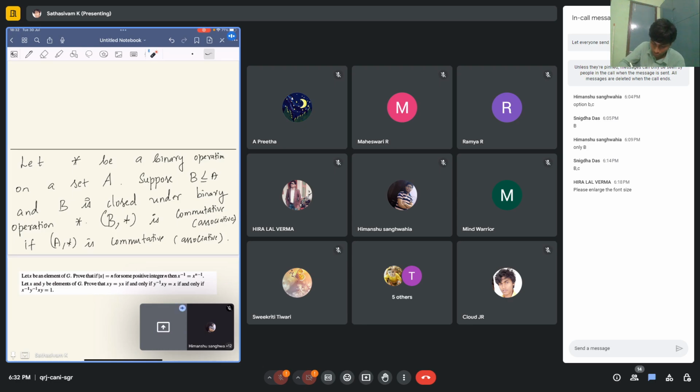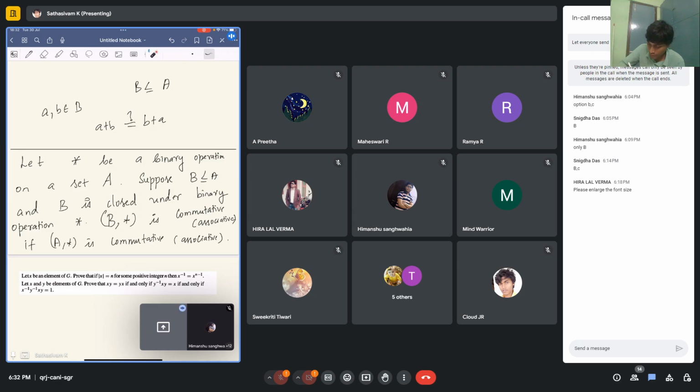Because if you take two elements a comma b belonging to B and you look at a plus b, the question is whether a plus b is equal to b plus a. Now what we have is that B is a subset of A, right?